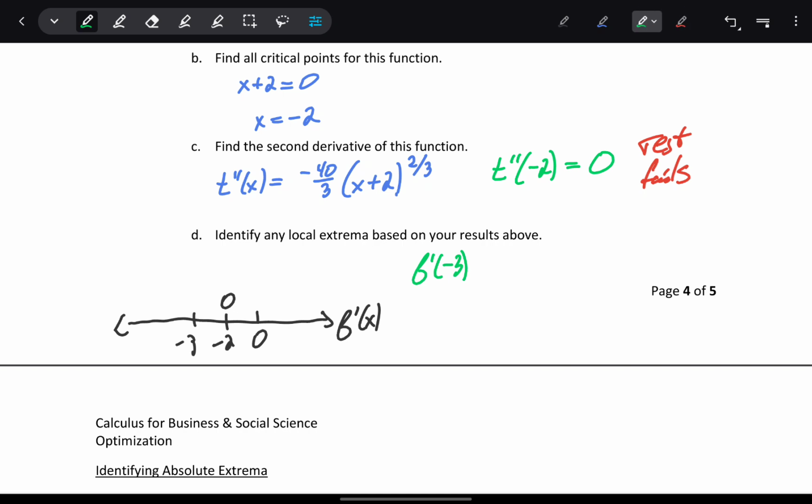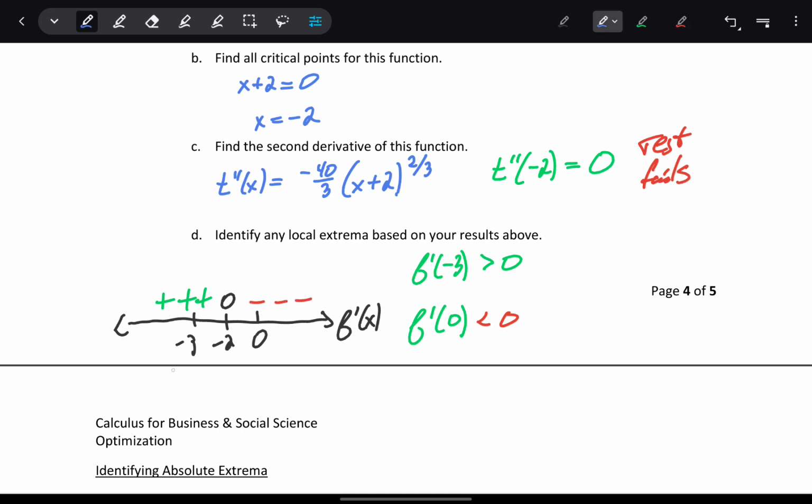That result will end up being positive. Again, all we're doing is plugging negative 3 into the first derivative function, and then we'll plug 0 into the first derivative function, and that will end up giving us a negative result.